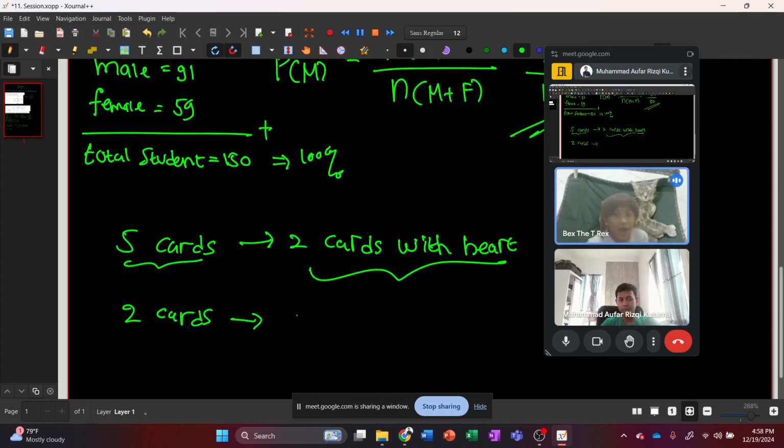Or maybe a simpler example: if you have two cards with one card with heart, the probability is 50-50. That makes sense because we are just dividing the number of the thing that we want by the total number.